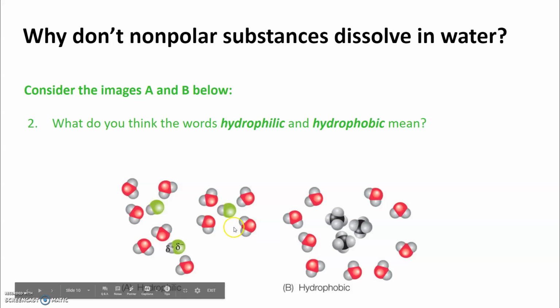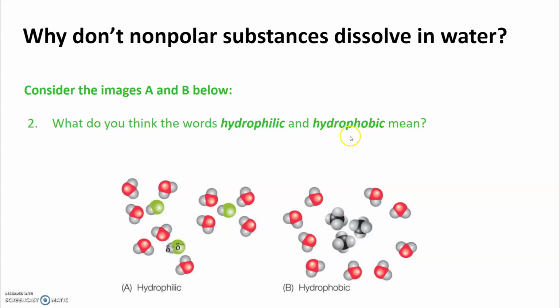So hydrophilic is saying that we're mixed in with the water, and hydrophobic means that it does not mix with the water. And we know that phobic comes from or is related to phobia. We know that like a phobia is like a fear. So you can think of this almost as the molecules are afraid of the water. So they're staying together with each other because they don't want to mix with the water, because they're hydrophobic.